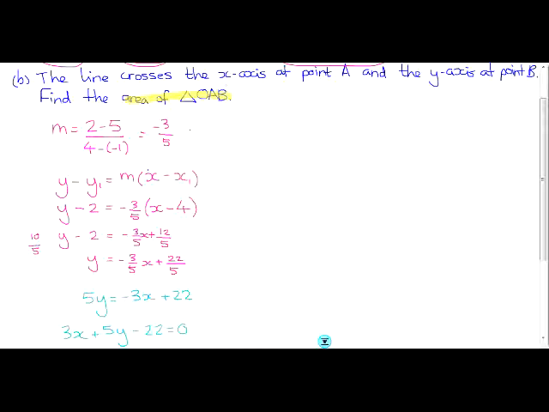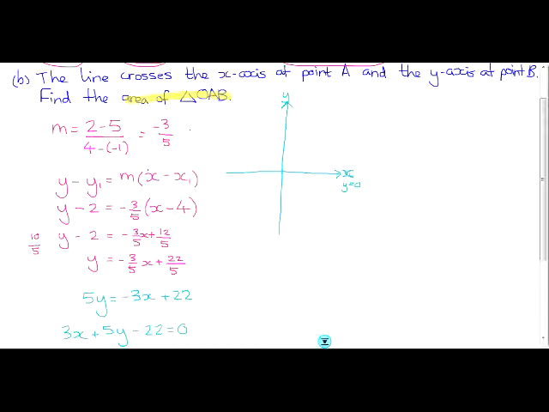Alright, so this line here that I've just worked out crosses the x-axis at point A, and it crosses the y-axis at point B. So let's make a sketch of the graph. I've got a feeling we're going to need one. So there's my x, and there's my y. So when something crosses the x-axis, you should know that this is also the line y equals 0. So the y is always 0.